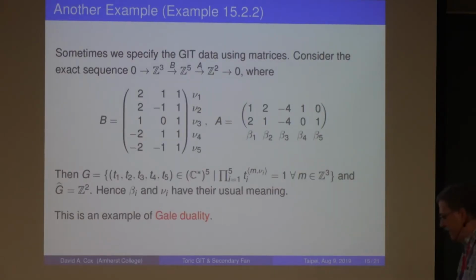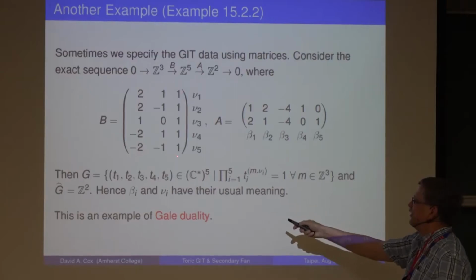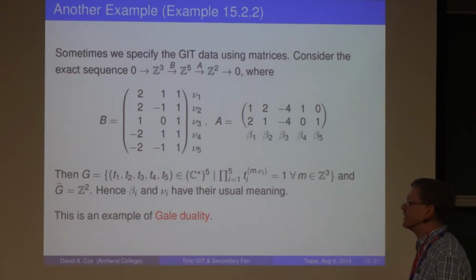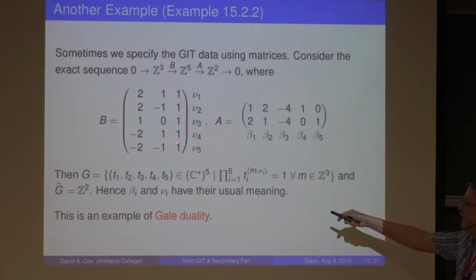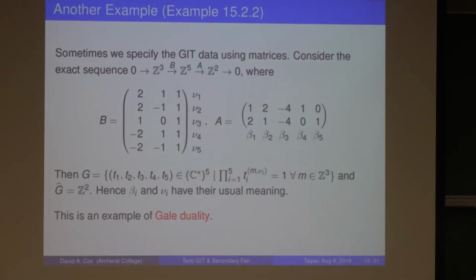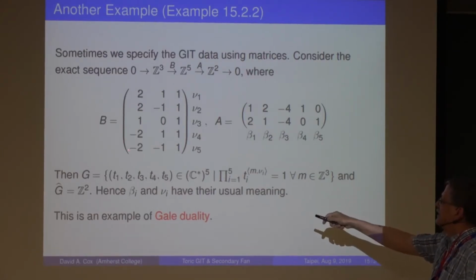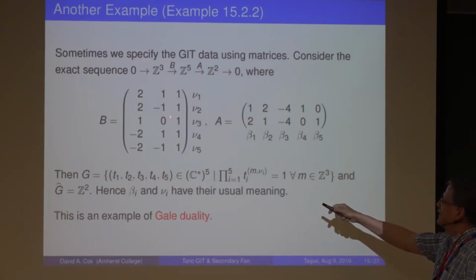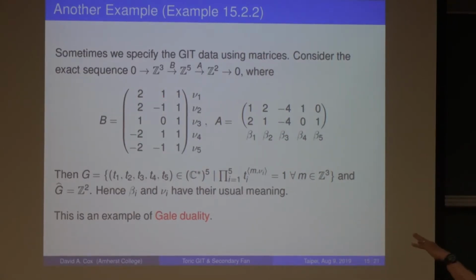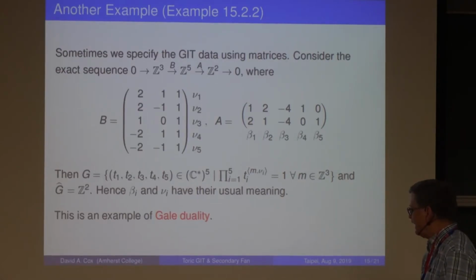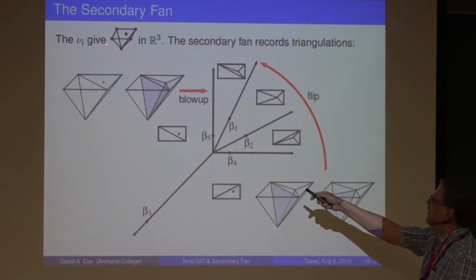Let's think of this as a configuration of points in three-dimensional space. They all lie at height 1. I have 5 points, and when you plot them, you get a little configuration that looks like this.